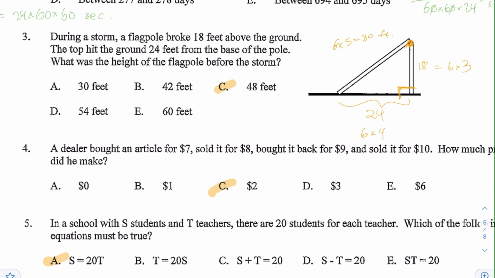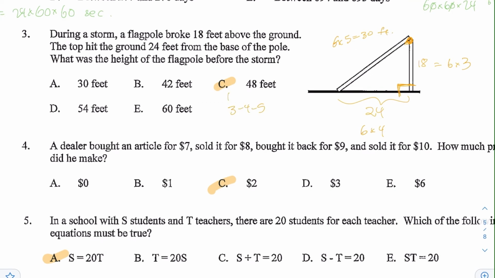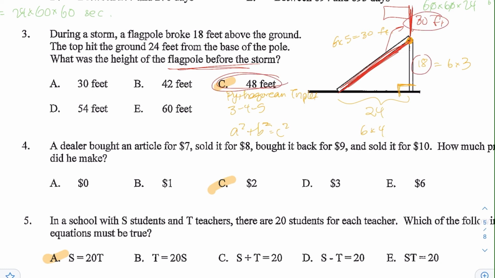Because this is a 3, 4, 5 Pythagorean triplet, which satisfies a squared plus b squared equals c squared. Now you want to actually know the original height of the flagpole before the storm. So if you put it back up, this would be 30 feet. And there's your flag. The base is 18 feet. So 30 plus 18 was choice C, 48 feet.